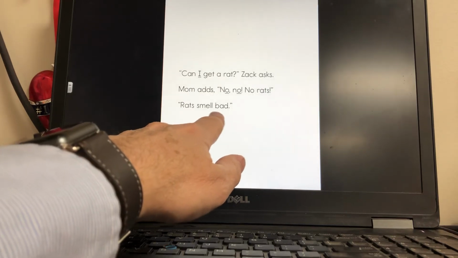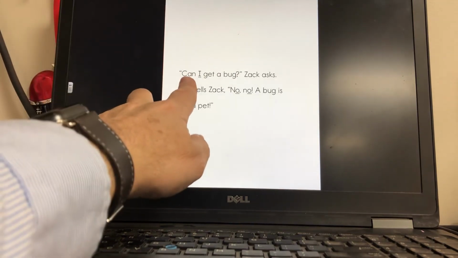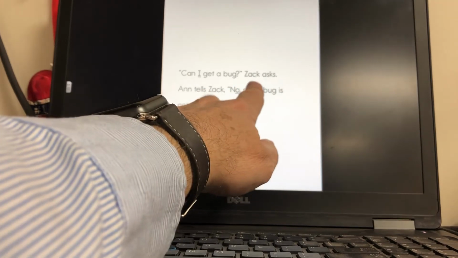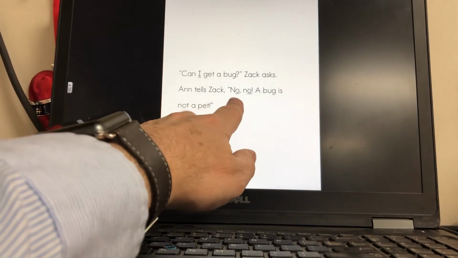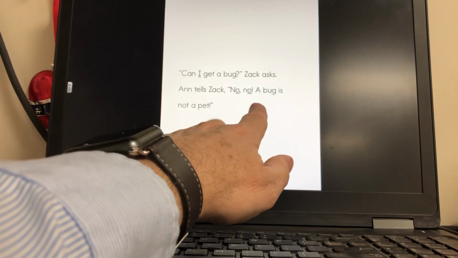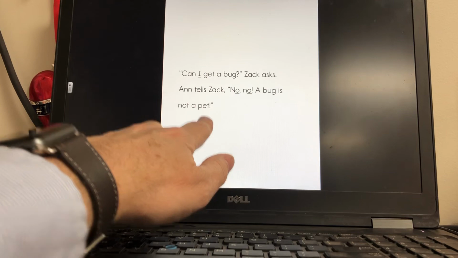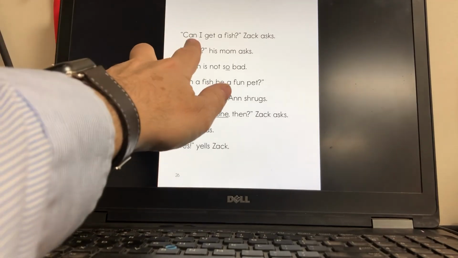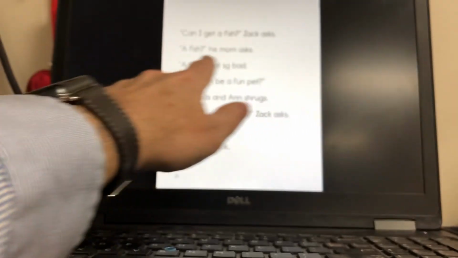Rats smell bad. That's true. I agree with Zack's mom. Can I get a bug? Zack asks. Dad tells Zack, no, no, a bug is not a pet. Can I get a fish? Zack asks.